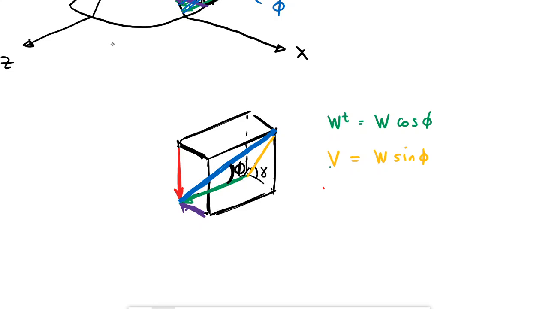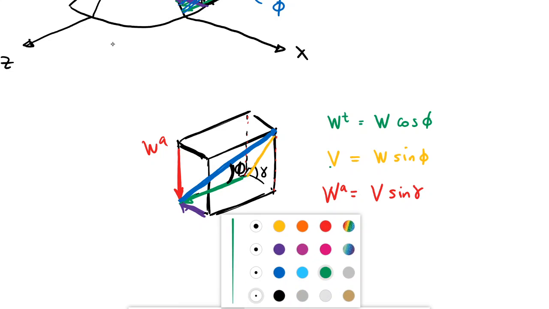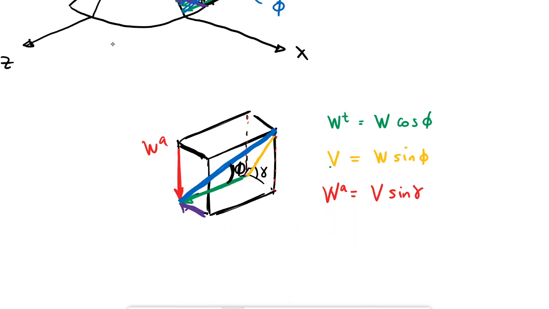And then the red one, which is W axial, would be V, the yellow one, and I want this component, so it would be sine of gamma. And the purple one would be the radial one, which is V cosine of gamma.